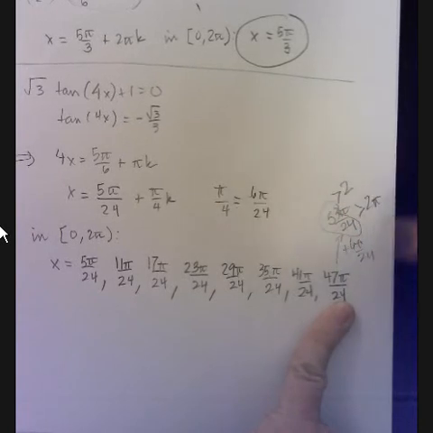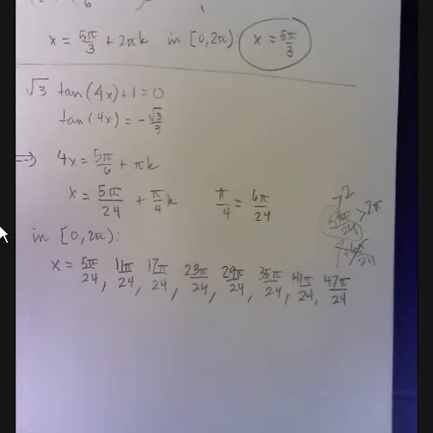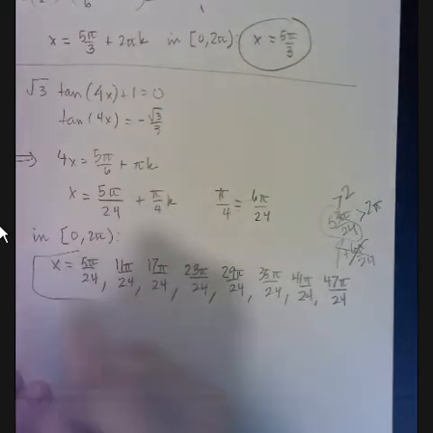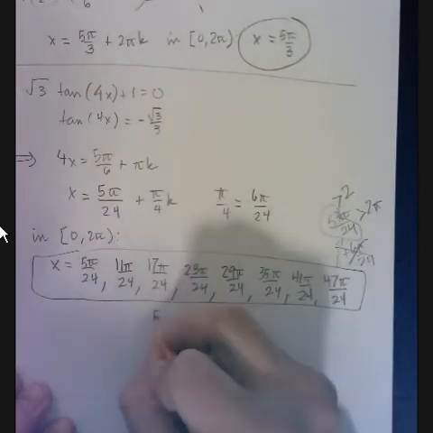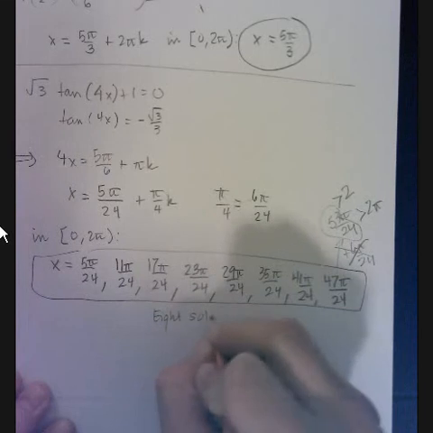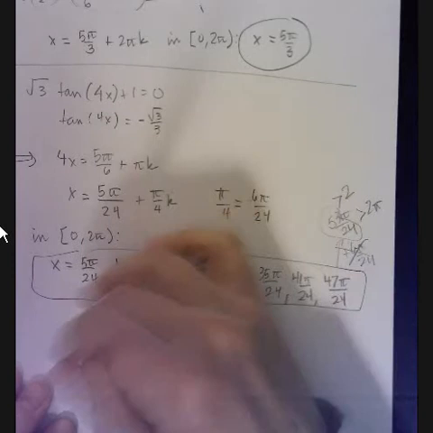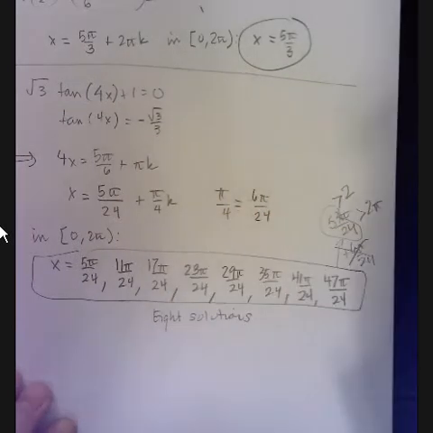So if you keep adding that period, eventually you get kicked out of the interval you want. So these are my 8 solutions that I was talking about. So you just keep adding the period, get a common denominator, add the period until you get to, okay, now that's too big, I'm done.